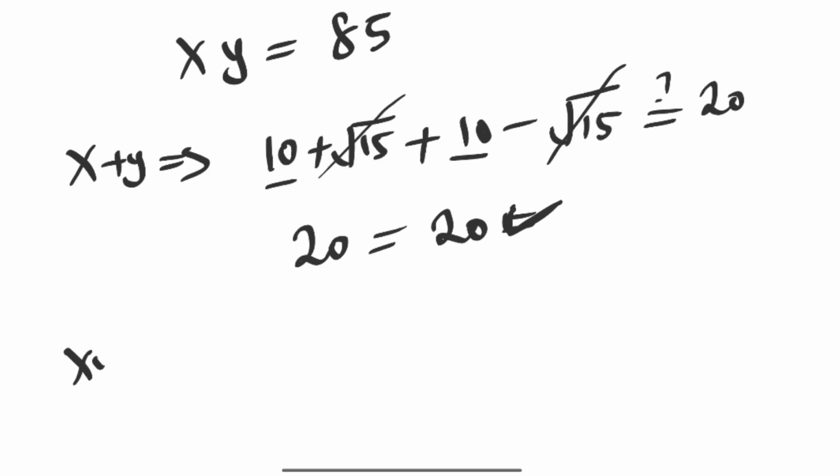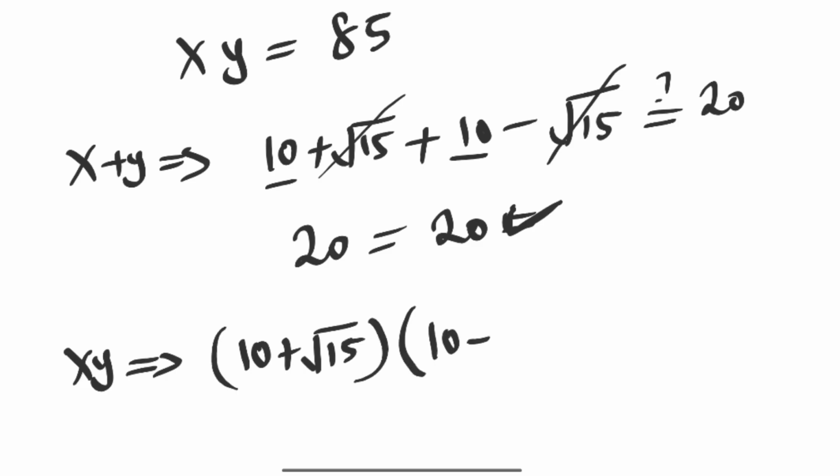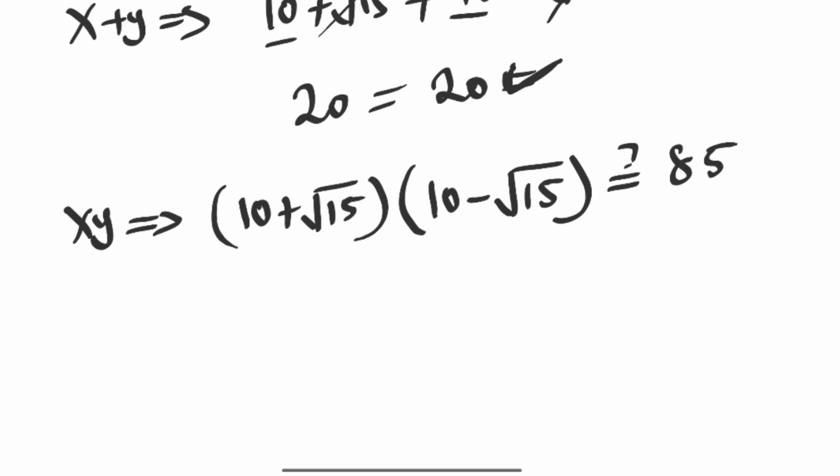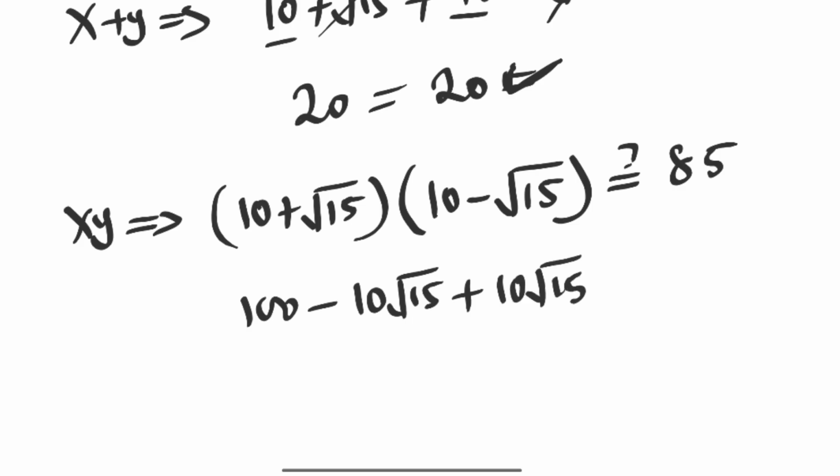Then xy can be written as 10 plus root 15 multiplied by 10 minus root 15, must be equal to 85. 10 times 10, this is 100, minus 10 multiplied by root 15, this is 10 root 15, plus root 15 multiplied by 10, 10 root 15, then plus root 15 multiplied by minus root 15, this is minus 15, must be equal to 85.